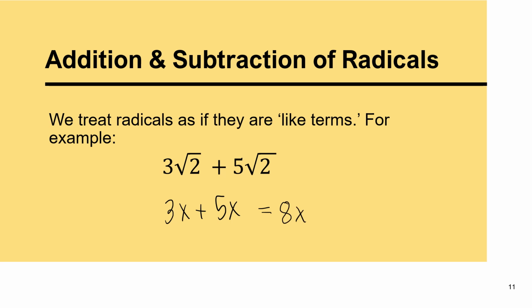All right, it's the same thing here. It's just that x is being replaced by the square root of 2. So think of square root of 2 as like your variable. Right, so you are just adding their coefficients. In this example, if it was subtraction, you would be subtracting their coefficients. Right, so you're just going to treat these as if they are variables or as if they are like terms.